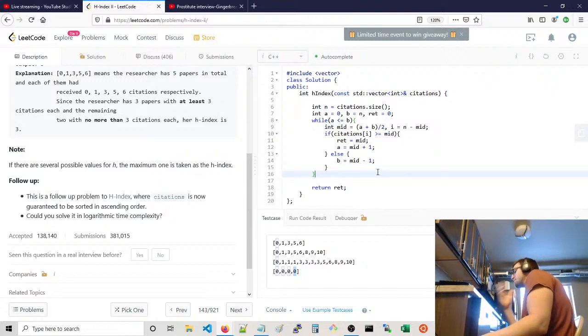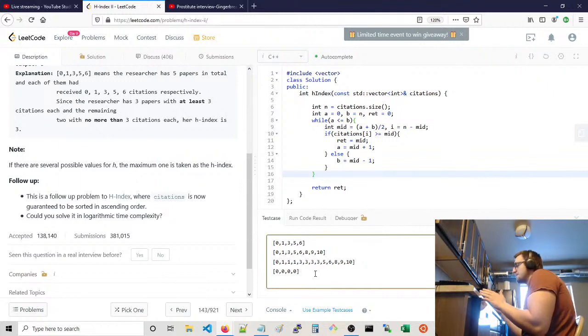So what that means is, you have from 0 to 4 in this case. 4 divided by 2 is 2. Now you're going to say, is 2 a possibility? So you check at the index to give you 2 papers, which would be index 2 here, and you see that it doesn't work out, right?